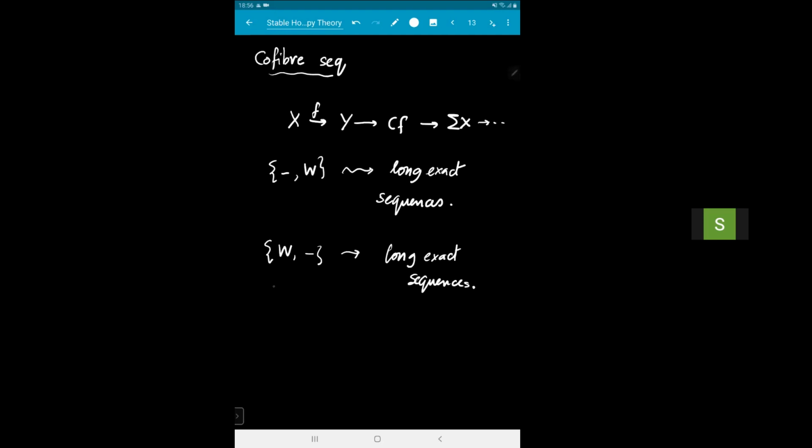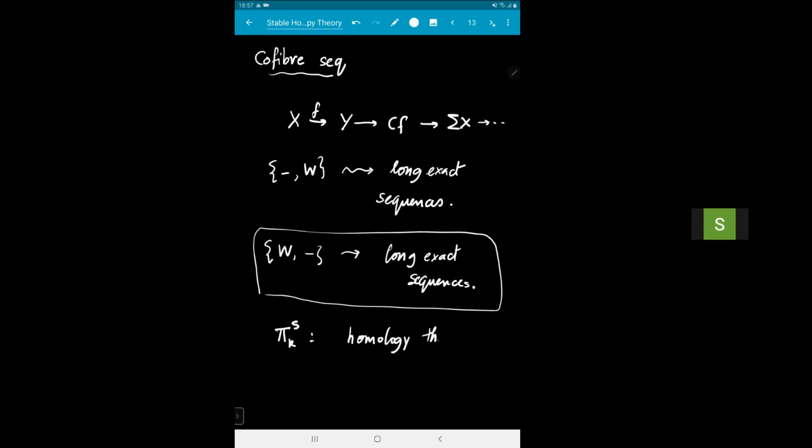But this last point here is that W, comma, dash, in gives you long exact sequences. This did not happen for spaces. That's an important point to remember. So this tells you that if I take the stable homotopy groups, this gives you a homology theory.